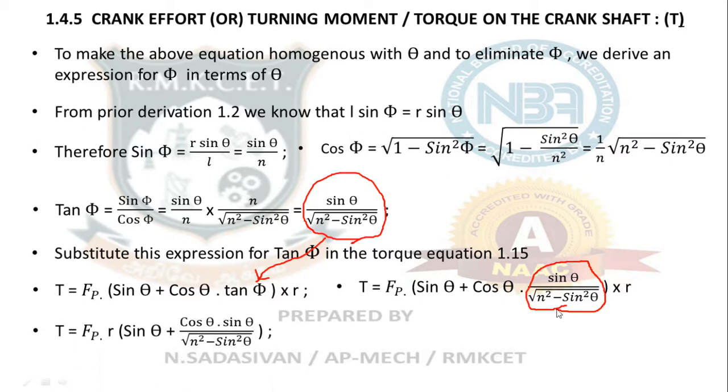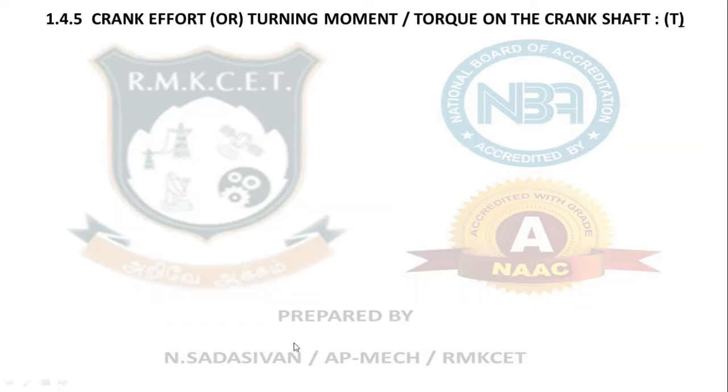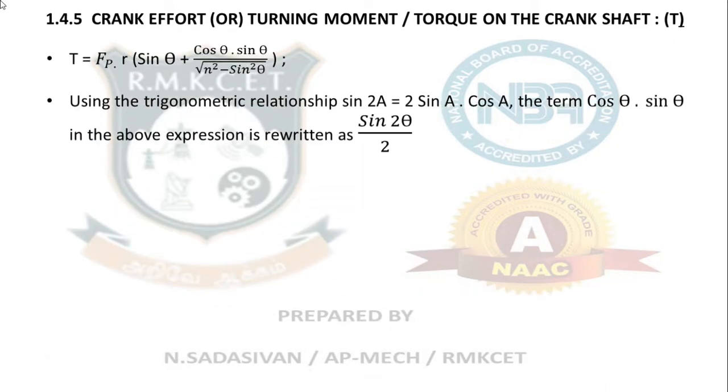Take the R to the front: Fp into R into, clubbing these two into the numerator, cos theta sin theta over root of n square minus sin square theta. Now sin 2a is 2 sin a cos a.